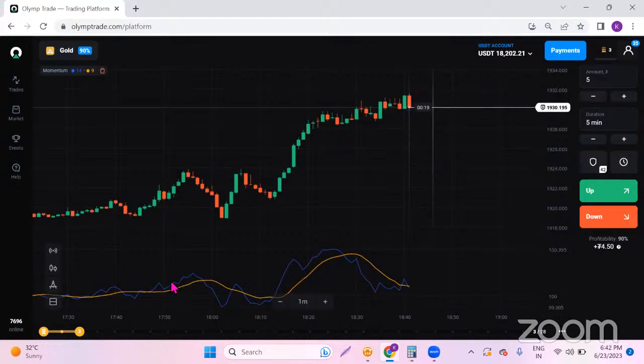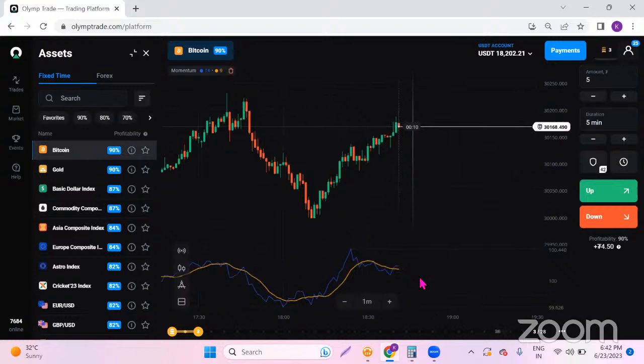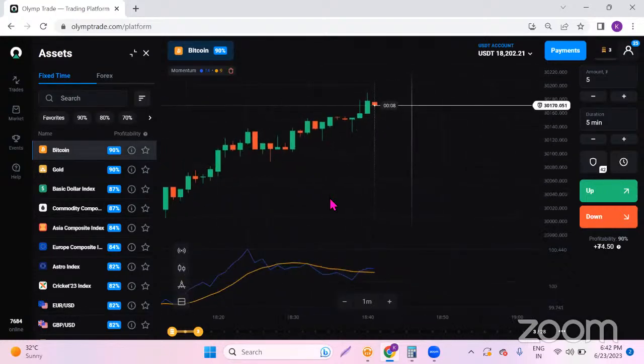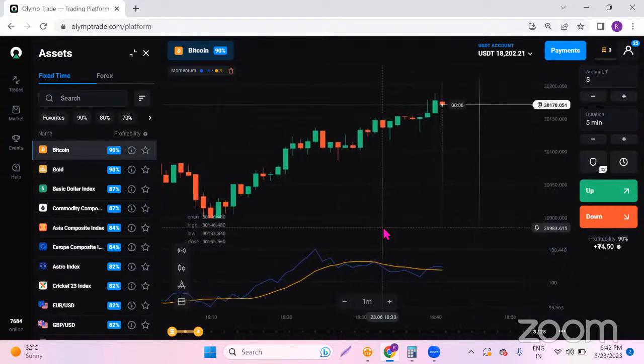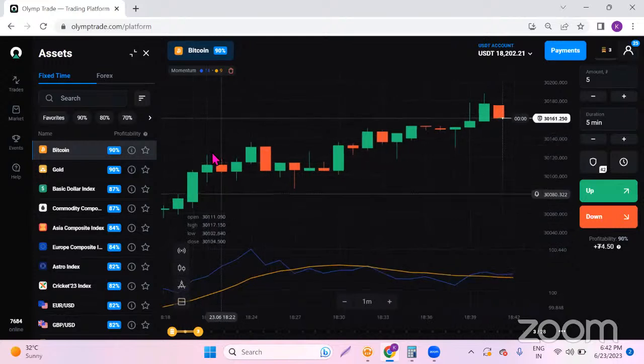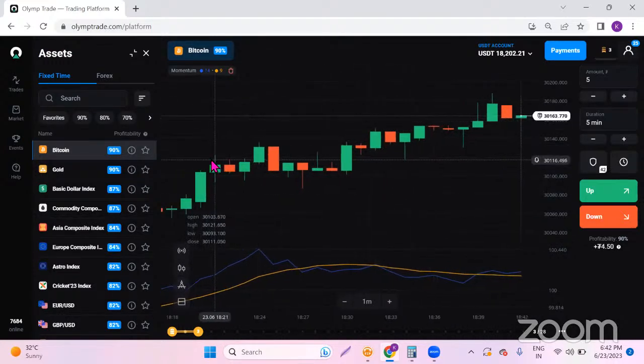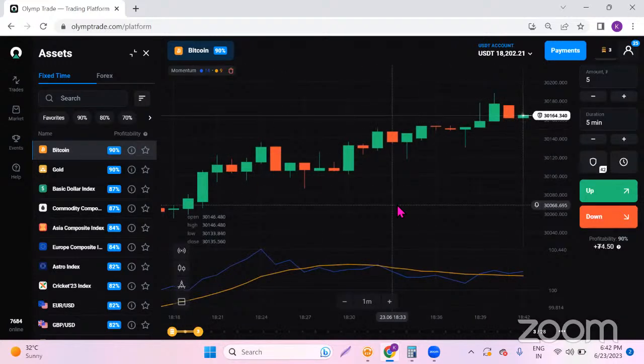Okay, so in this case, what we do, guys, we will be checking different assets and seeing how the strategy works and whether we have signals in any of the assets. Also, a few things that I would recommend before we make any trade. I always suggest my traders not to follow this kind of market. If you see over here, this is something that we call a flat market.